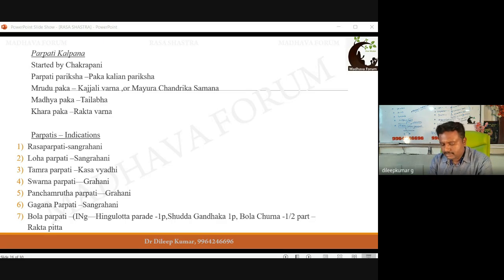So Vikranta is an excellent drug of choice in case of tumors, even fibroadenoma, fibroid uterus, fibroadenoma of breast, and any other unwanted tumors. In Grahani with these tumors, or any hernia, in that case also we can use it.